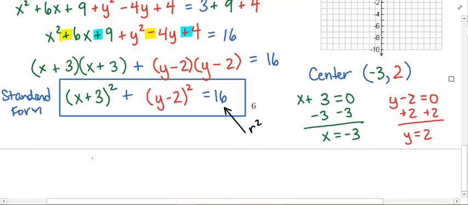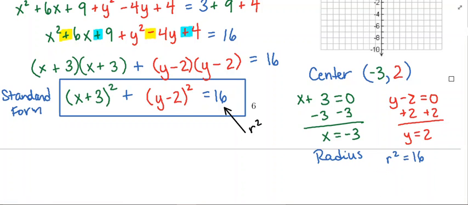So as far as the radius goes, we know that r squared is equal to 16. And so you've got to take the square root of both sides. Radius cannot be negative, so r has to be 4 here. So we've got a center at negative 3, 2. We've got a radius of 4, so we can complete our drawing.